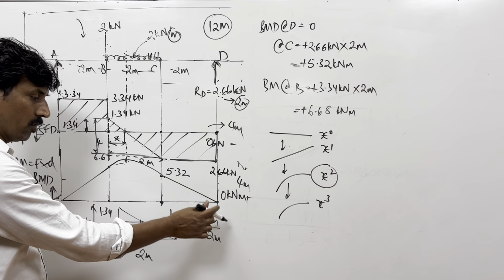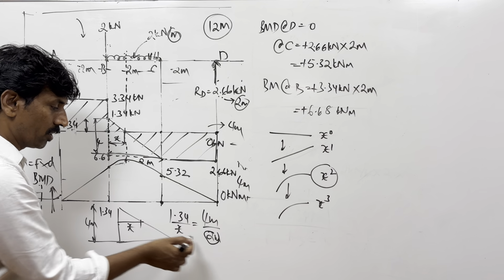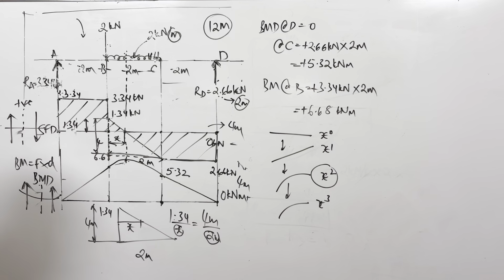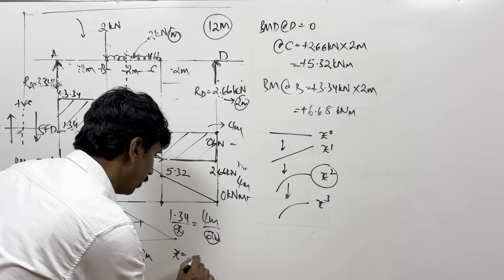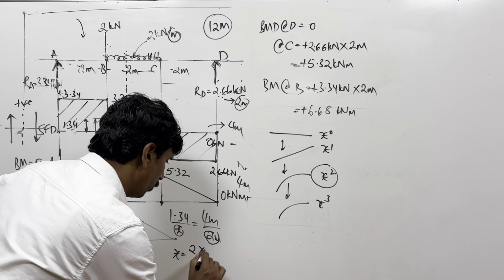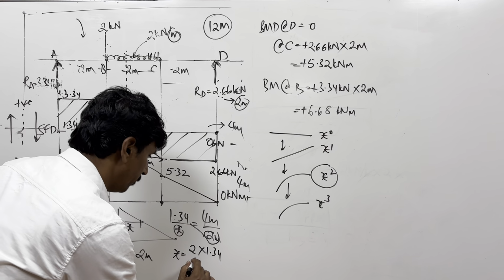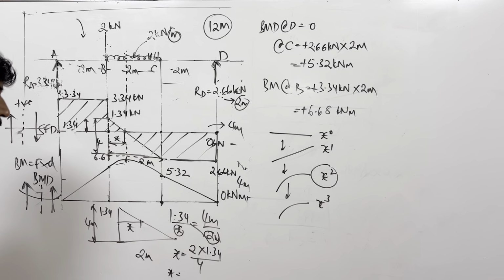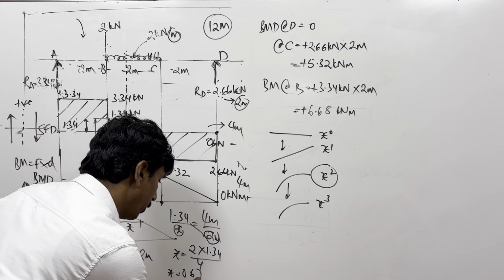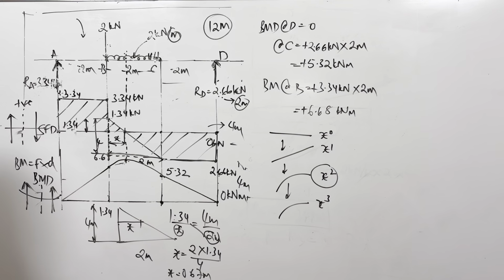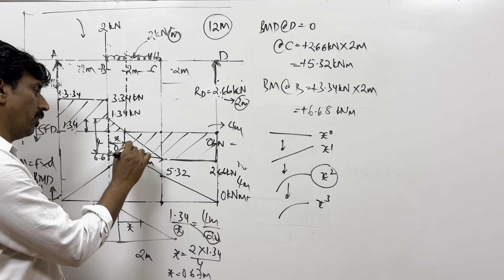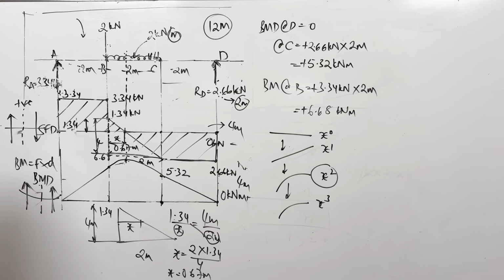Cross multiply: x is 2 into 1.34 divided by 4. What is the value? 0.67 meters. So x is 0.67 meters.